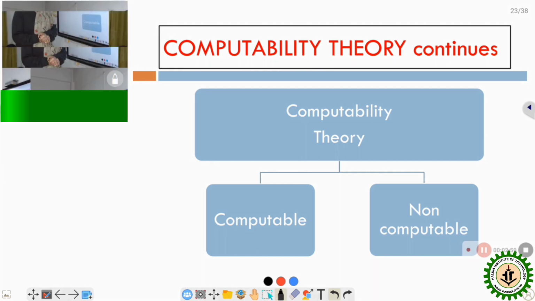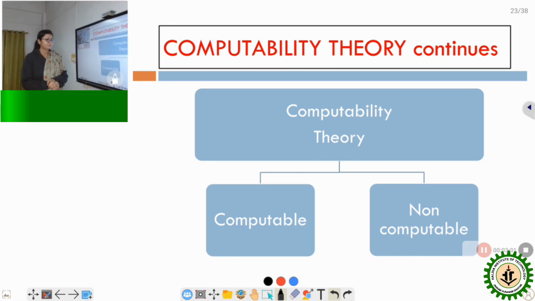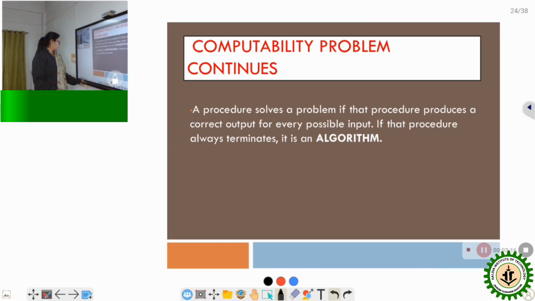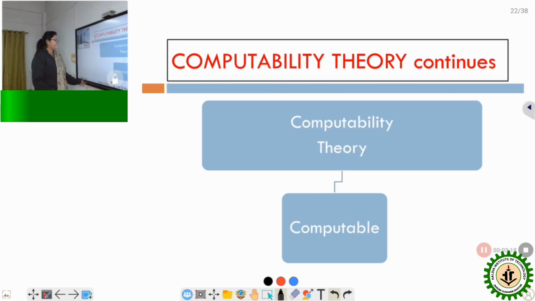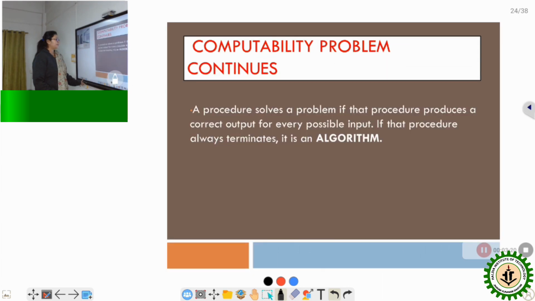Now, first we will discuss computability theory. Computability theory consists of two kinds of problems. One is computable and the other is not computable. Whether a problem is computable or not is decided by a term that is called algorithm.